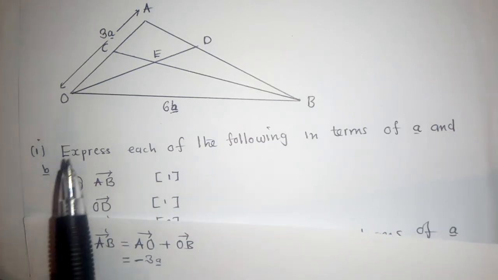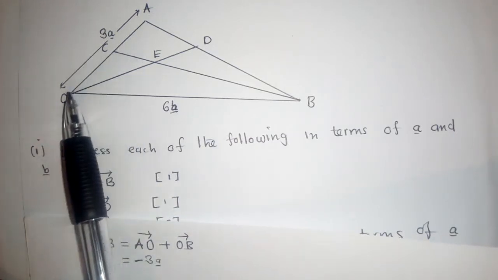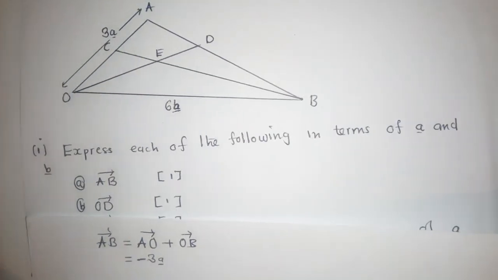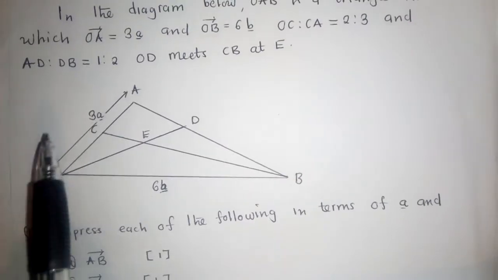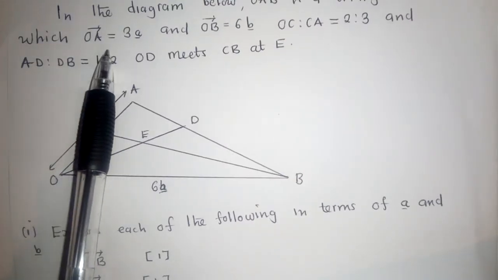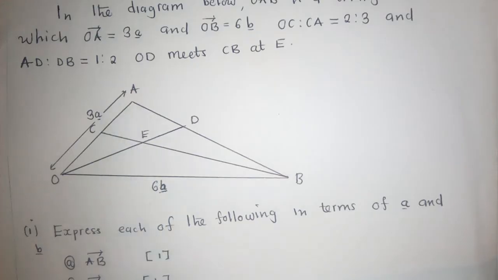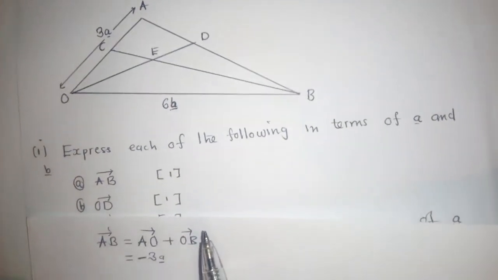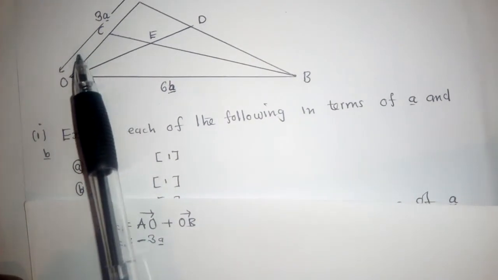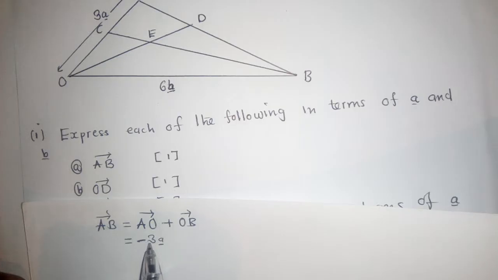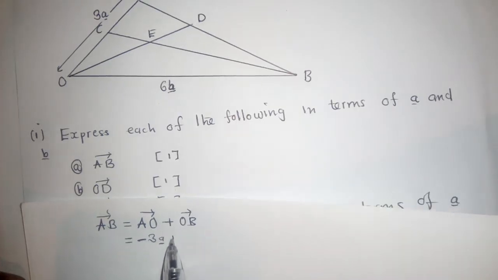So how did I know that it's negative 3A? Here in the question, if you can see in the statement here, they have said OA is equal to 3A. So OA is equal to 3A. But in this case we want the opposite, which is AO, opposite. So to show that it's opposite, we put a negative sign, which I have put here. We go to here, which is OB.